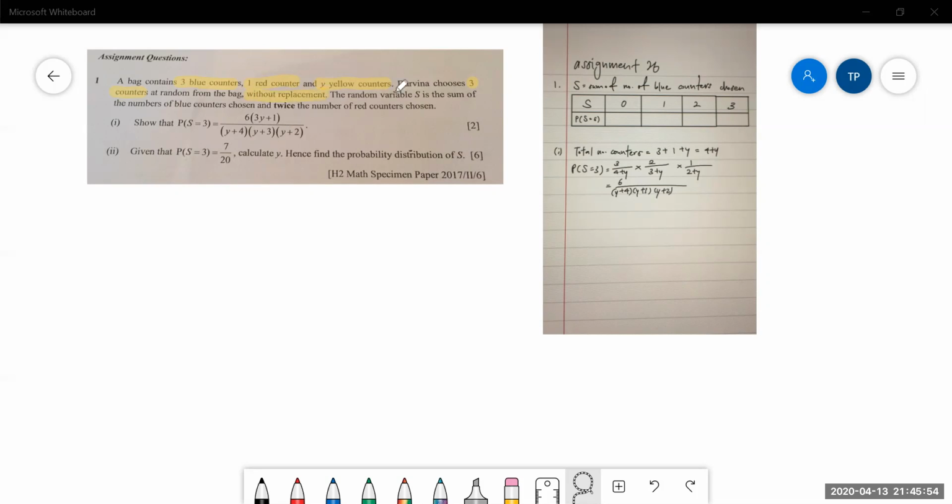Very important: the random variable S is the sum of the number of blue counters chosen and twice the number of red counters chosen. Actually, what is a random variable?